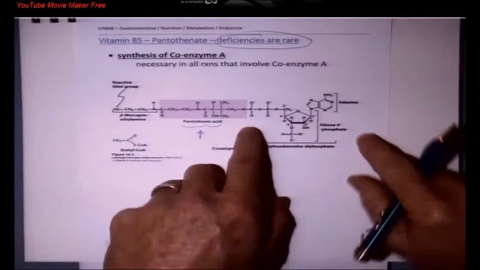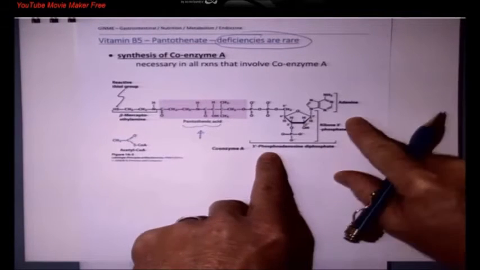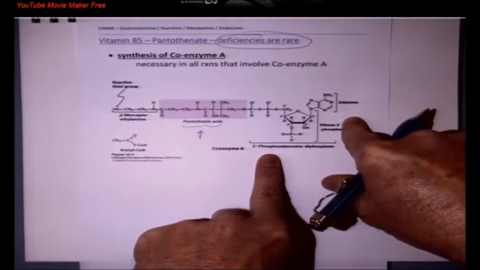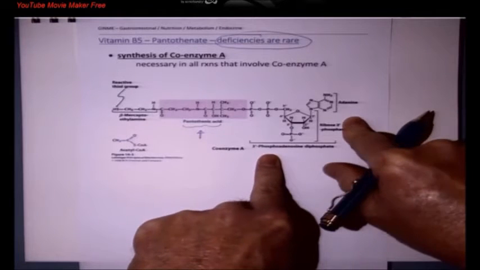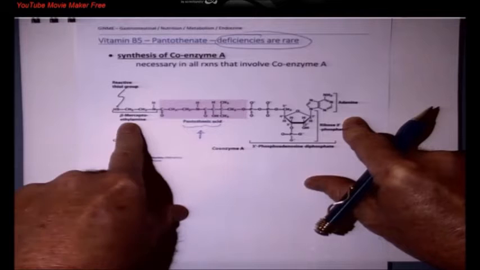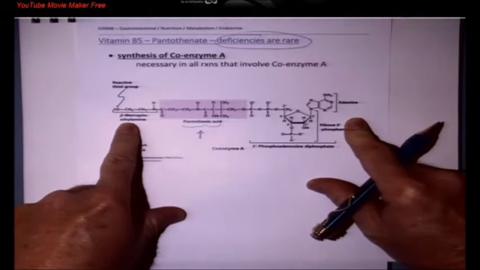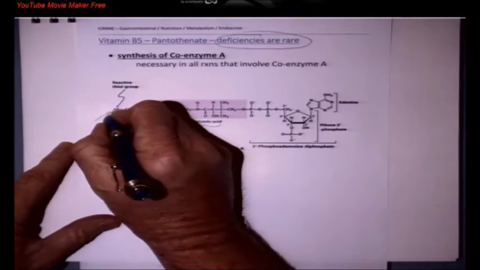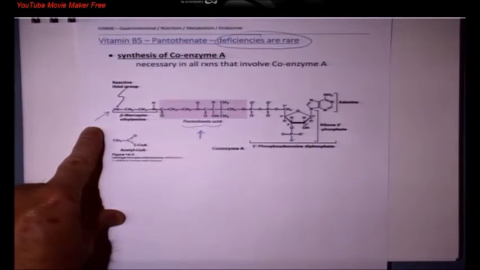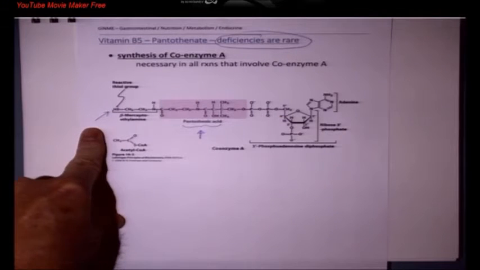The rest of the molecule is the adenosine nucleotide structure. And then this very end right here, this reactive thiol, that's where we generate our acylations.